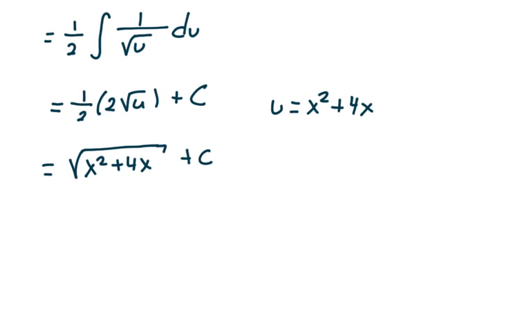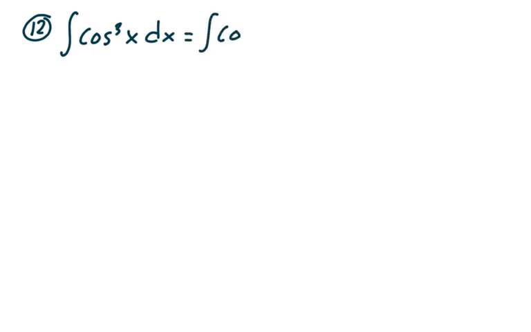And I want to take a look at 12 and 13 for this video. So on 12, we get the integral of cosine cubed x dx. So I want you to notice the odd power, okay? And so what I'm going to do is I'm going to save a cosine.